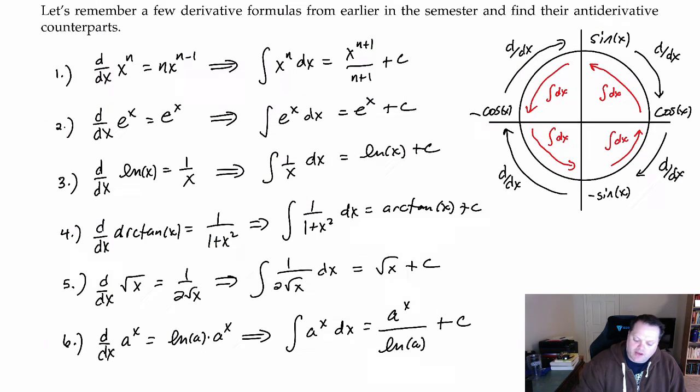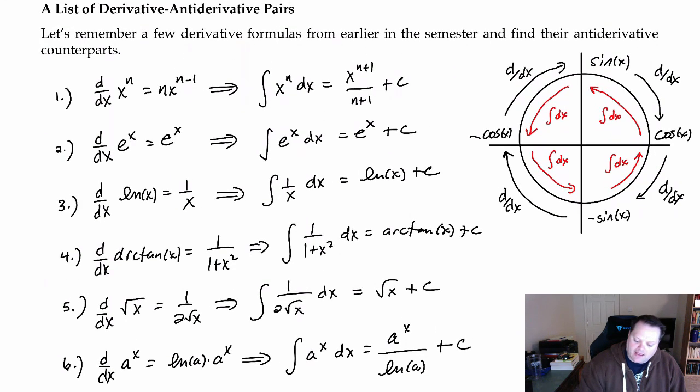So this is what I mean by derivative antiderivative pairs. We've learned a lot of derivatives in this course, and this is just a short list here. But that automatically means that we know antiderivatives, because you just reverse this to get back to the original.